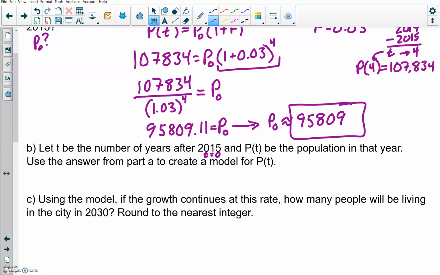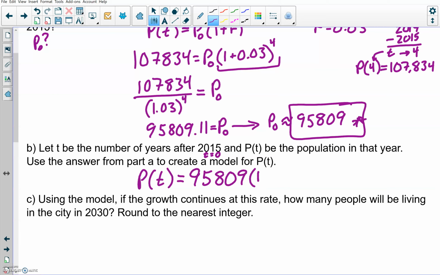And then you're going to use the answer from part A, this beautiful result, to create a model for P of T. I've got everything else I need: the growth rate, and now the initial amount. So I can plug in 95,809 for that P0 in the form.